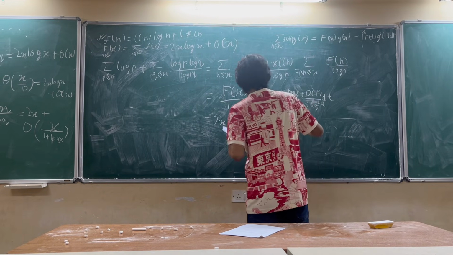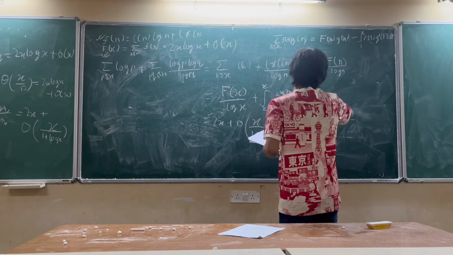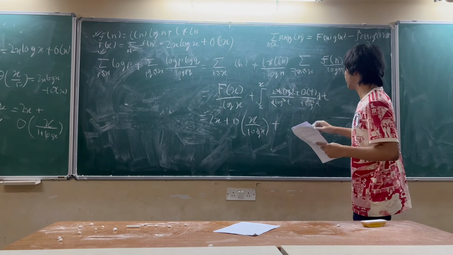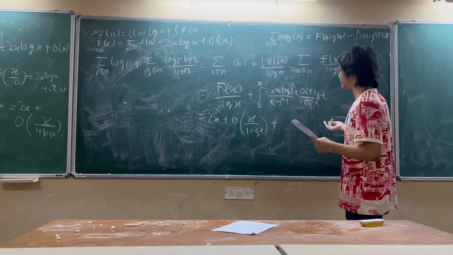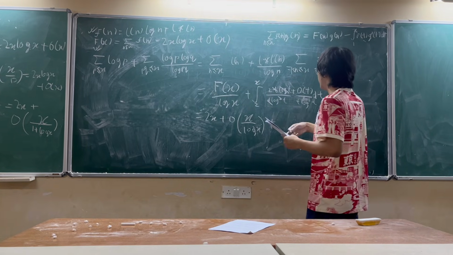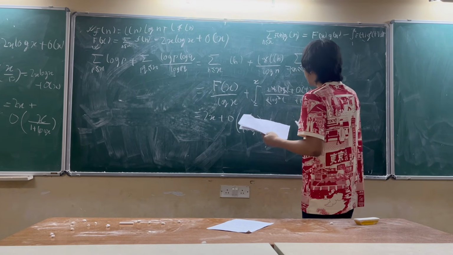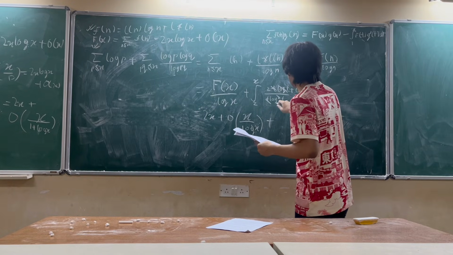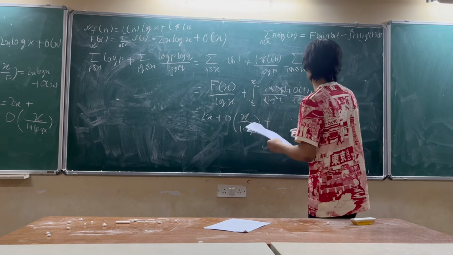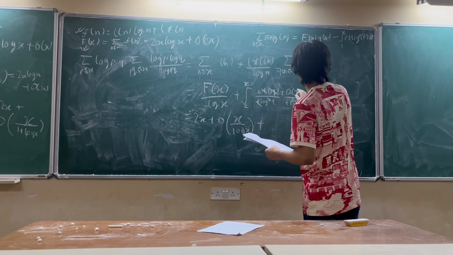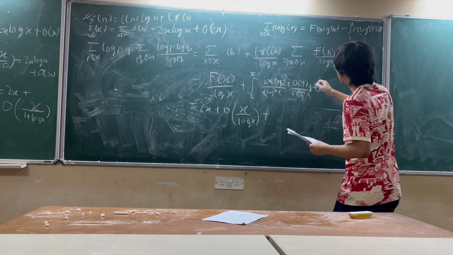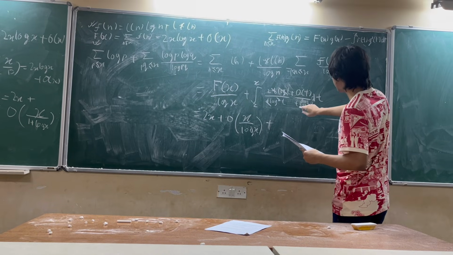something less than the order of x by log x, because when you integrate 1 by log t, at best this is always less than 1. So you will always get something which has less order than x by log x. So this integral basically gets assimilated into the order of x by log x. And similarly for this you get a function of the order of t divided by t log square t.